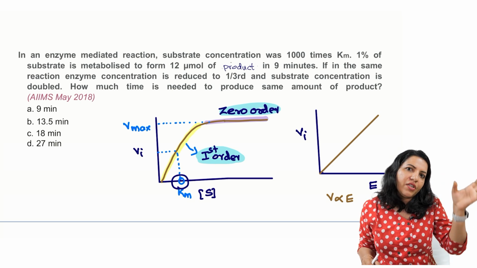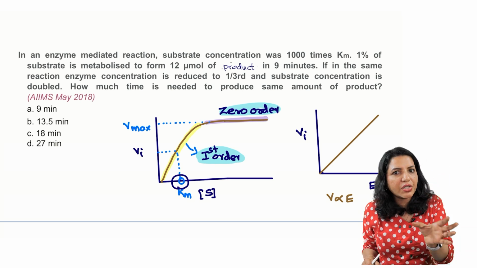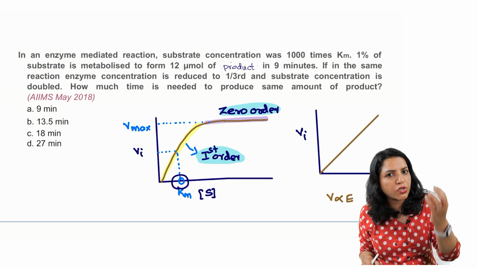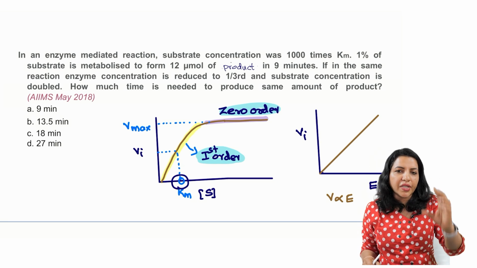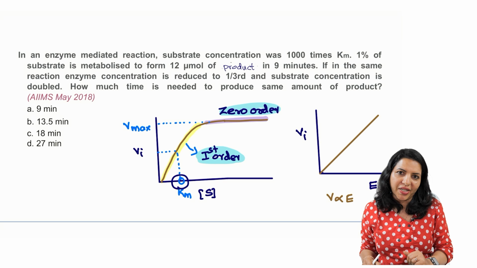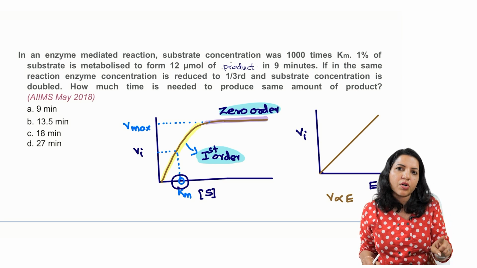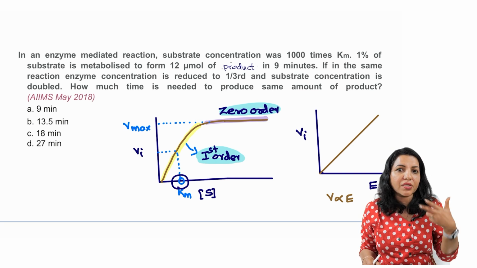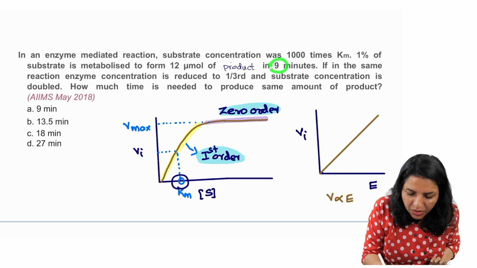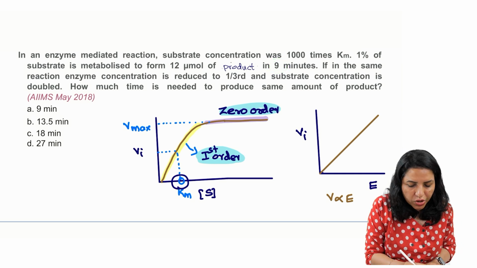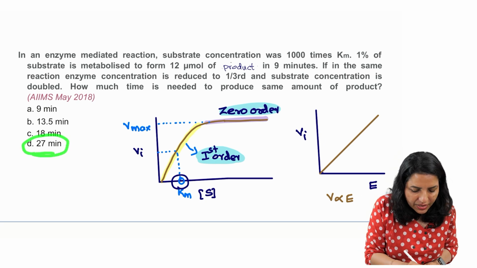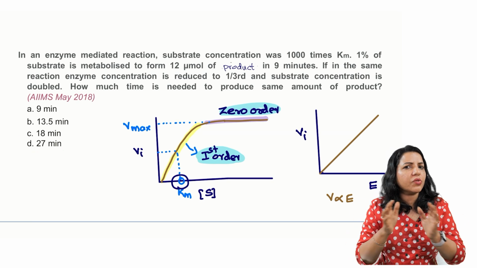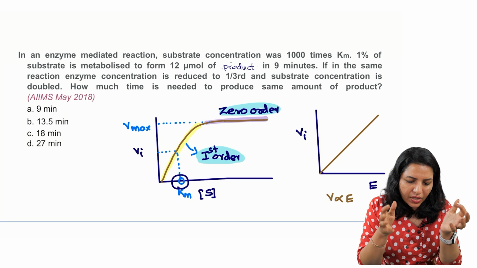If a car is traveling from point A to point B at 100 km per hour, now if the velocity of the car is reduced to 50 km per hour, then it will take double the time, right? So like that, if the enzyme concentration is 1/3, it means that the time taken will be tripled, 3 times more. So initially if it is 9 minutes, then now it should be 9 into 3, and the answer here is 27 minutes. Okay.